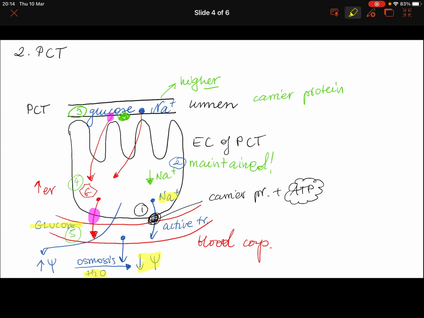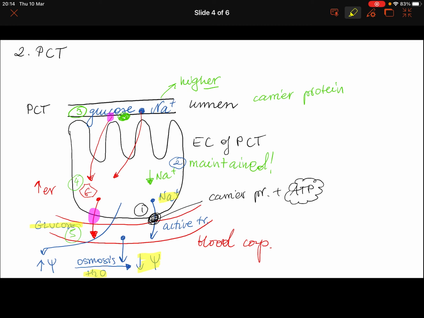Hence, we needed to reabsorb water as well, to overcome that difference in water potential. So now, our glomerular filtrate is missing some glucose, sodium and water, because they have been removed from the initial glomerular filtrate.